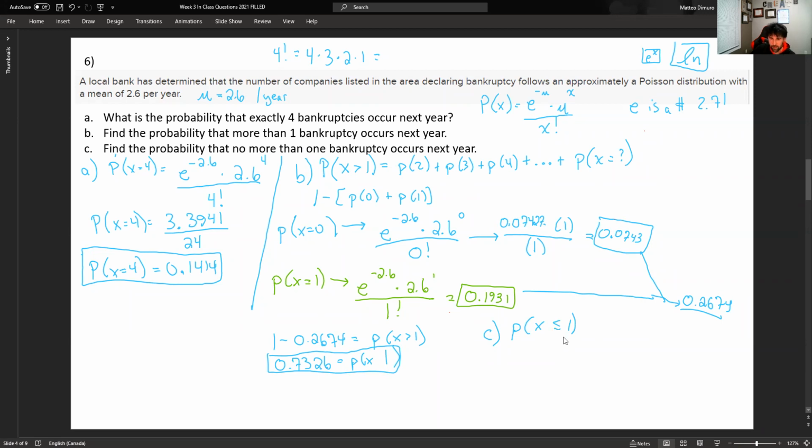No more than 1 includes 1. So what is that? Well, no more than 1 would mean probability of 1 plus probability of 0. And that's familiar, right? We calculated those in part B. So all you got to do for this one is you could just say, see work in part B, because we did all the work there, and just write that the answer is 0.2674.